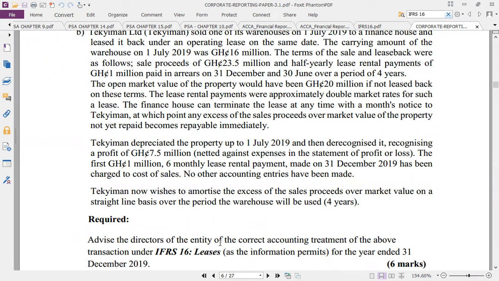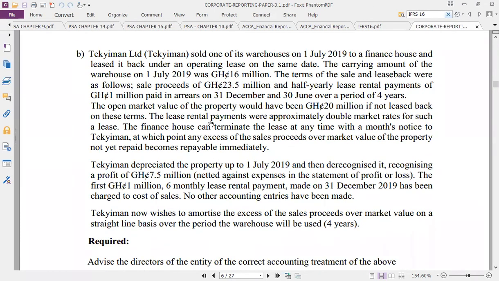Techiman Limited sold one of its warehouses on 1 July 2019 to a finance house and leased it back under an operating lease. The carrying amount of the warehouse on 1 July 2019 was 16 million.